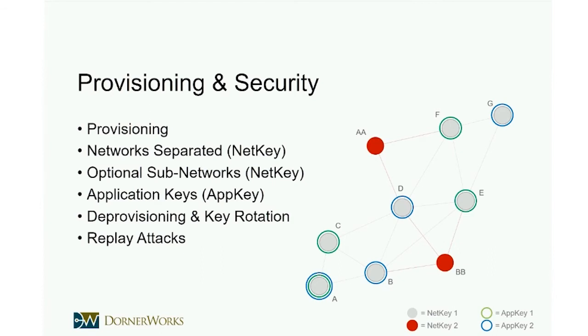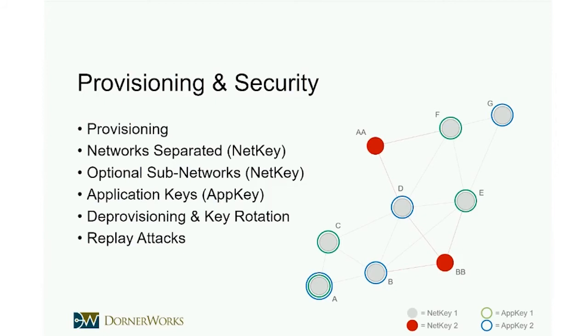There's a certain key rotation that happens to maintain the network, and if a device is no longer in the network for a certain amount of time, it'll no longer be able to reconnect without being reprovisioned. So you can rest assured that when you remove these things from your house, somebody isn't going to be able to hack into your network.